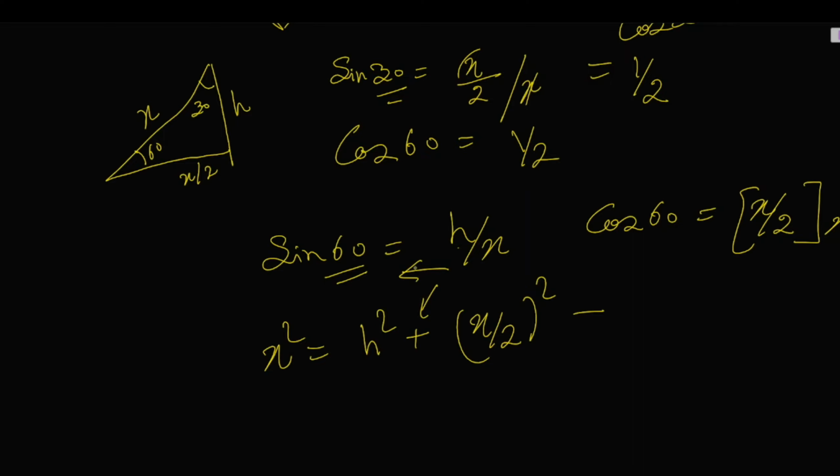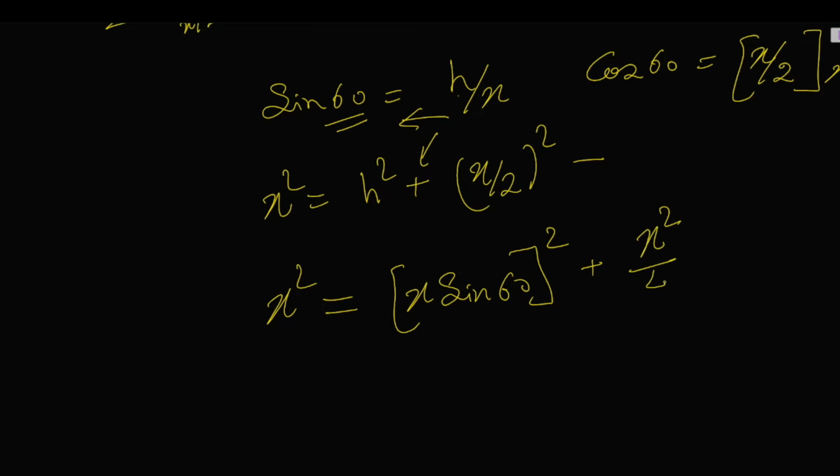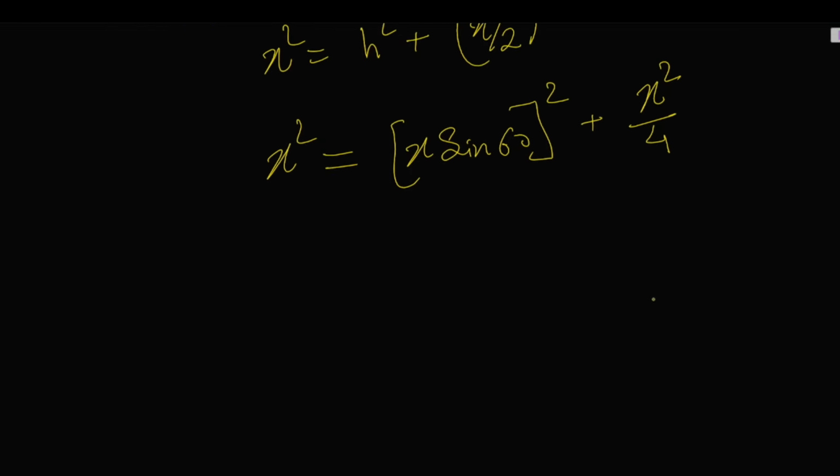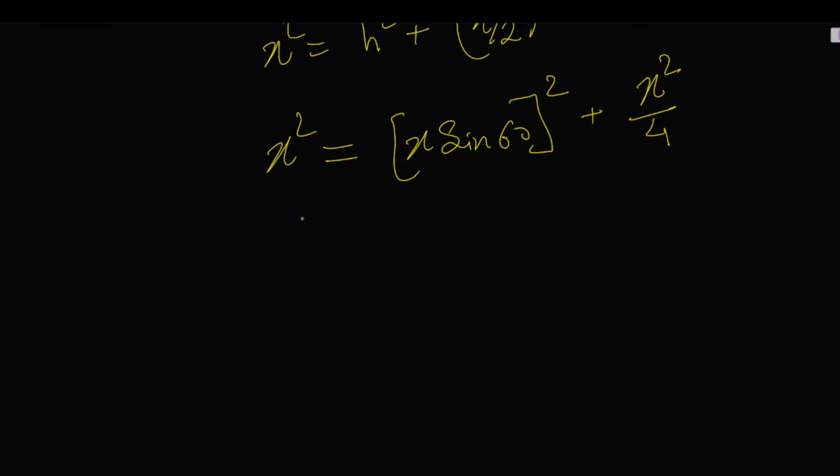So x square would be equal to h square, h is x sine 60 whole square, plus x square by 4. Am I correct? x by 2 whole square equal to x square by 4. This will become how much? x square is equal to x square sine square 60 plus x square by 4.